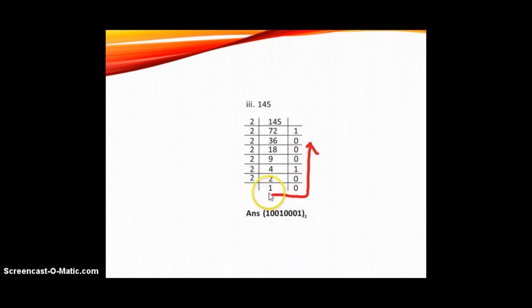So the number that comes after the repeated division is 1 0 0 1 0 0 0 1 with the base 2. So this was the conversion from decimal to binary.